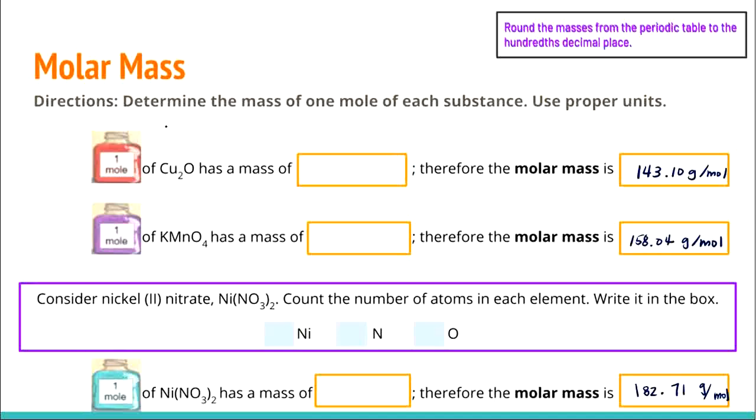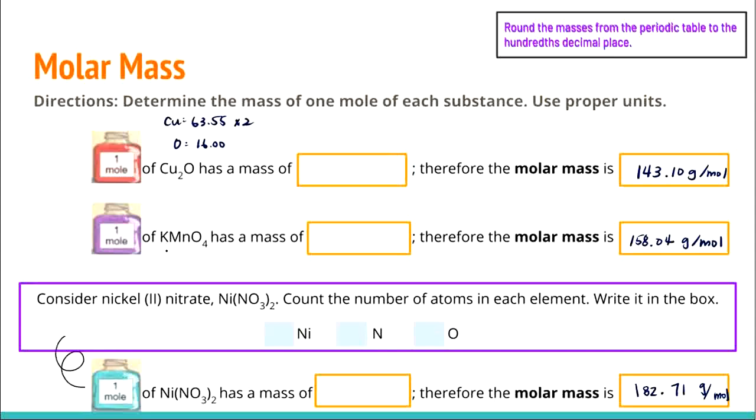So for Cu2O, there are 2 coppers and 1 oxygen. Each copper is 63.55 grams per mole, according to the periodic table, and we have 2 of them, and oxygen has a mass of 16. So when you add these up, you get 143.10.